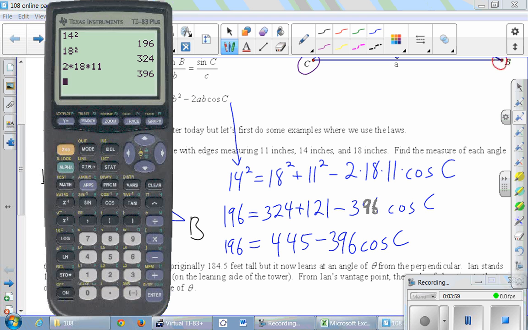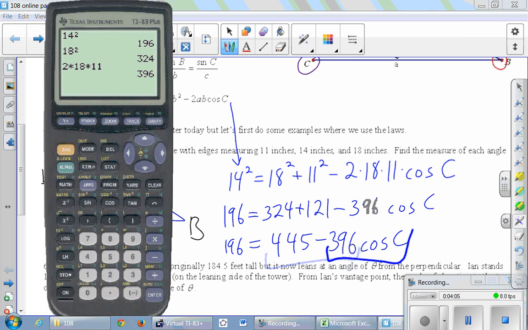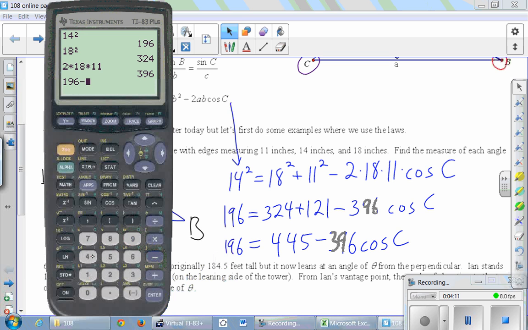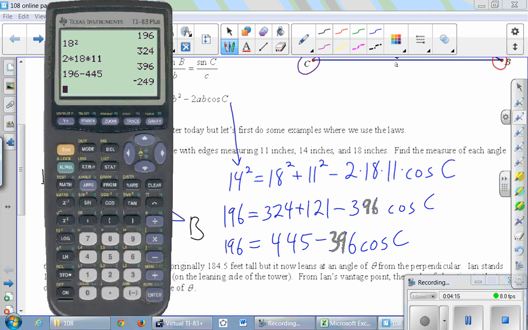It is very tempting for some folks and very wrong to subtract 445 minus 396. This guy has a cosine C attached to it. We need to subtract the 445 from both sides. So we do 196, subtract the 445, and we get negative 249.